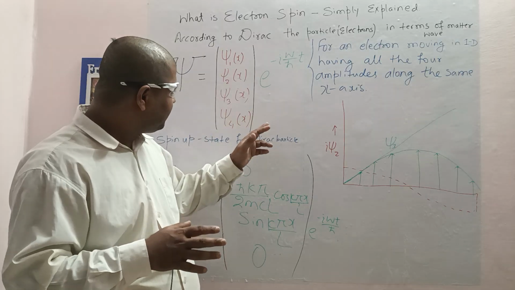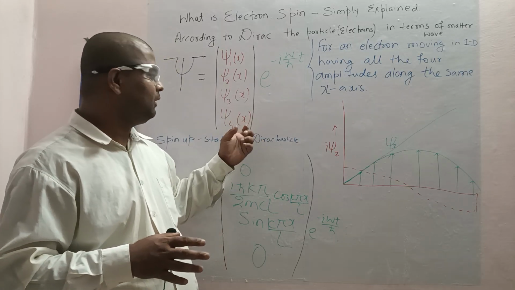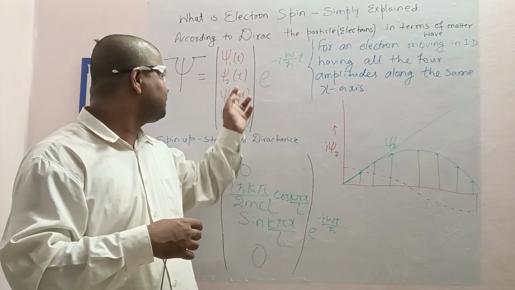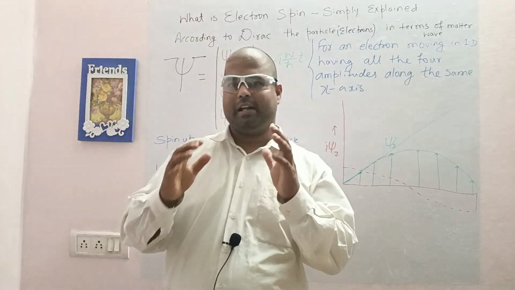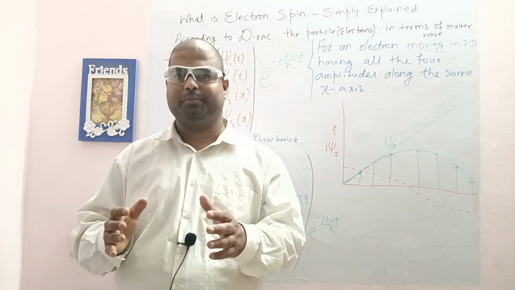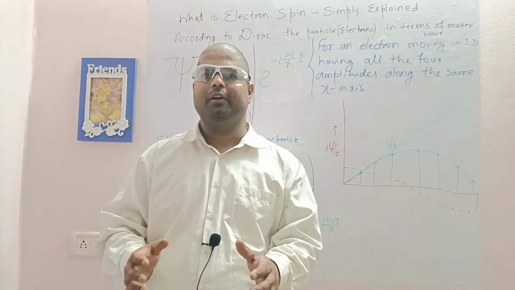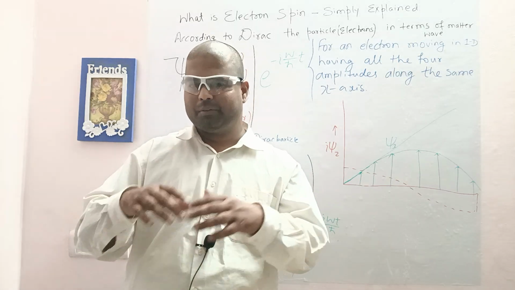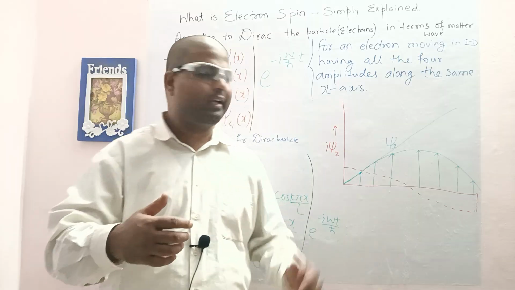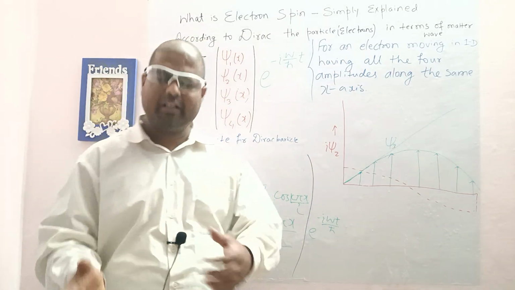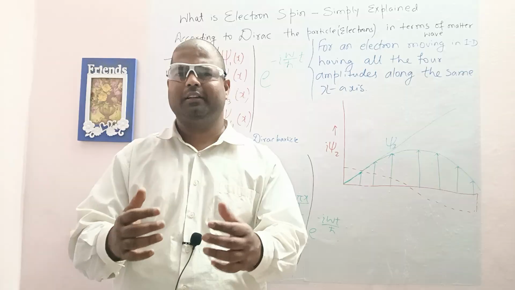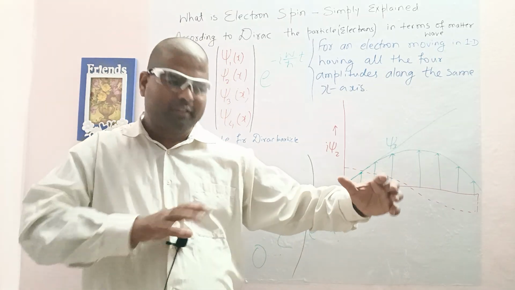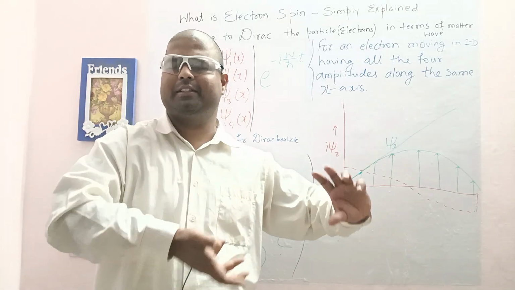In a spin down state, one is maximum. In a spin up state, that will be zero. It switched from here to here. Now you have an insight into what electron spin is. It can only be explained over the matter wave function at relativistic level. If you think of the electron as a spinning ball, you can't understand this spin property because it's not like a spinning ball. It's like something, like a wave flowing. Something inside it had changed its amplitude.